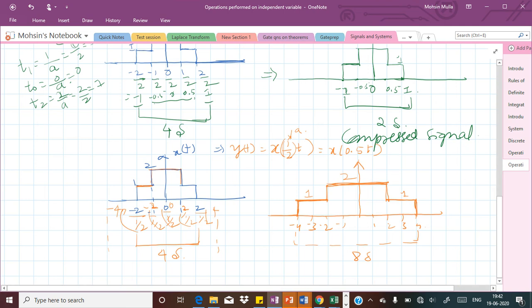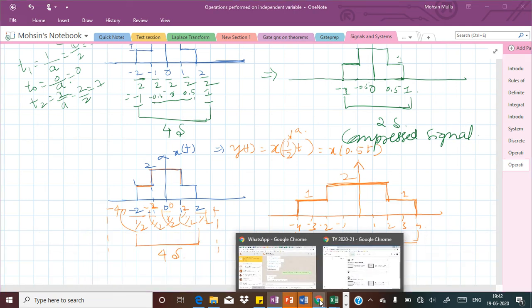You can try to understand this with the help of a simple example. If I can try to show you here.